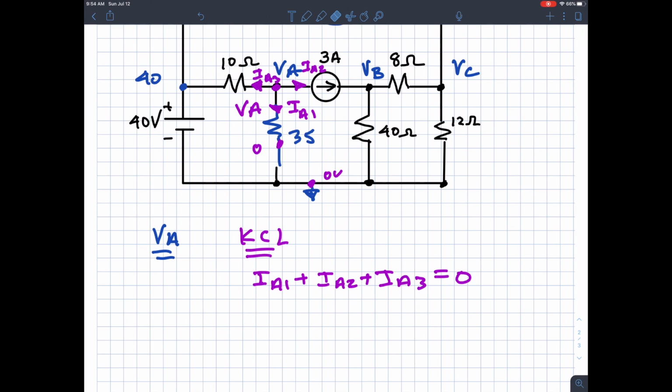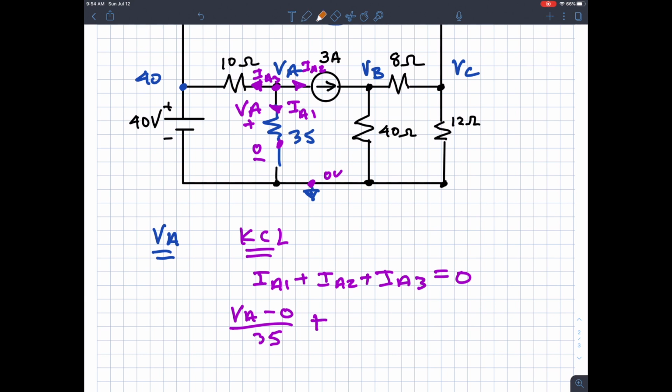You can see I1 is moving down, so that means this has to be plus first, minus second. It's moving down according to the passive sign convention. So this would be VA minus 0 divided by 35. That's IA1.